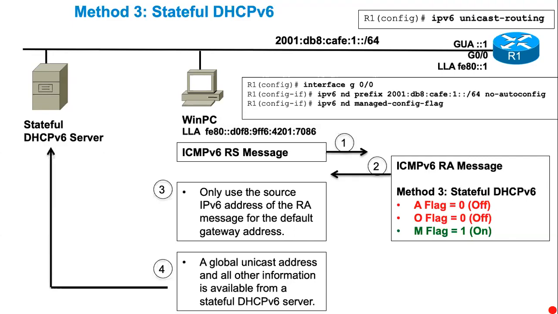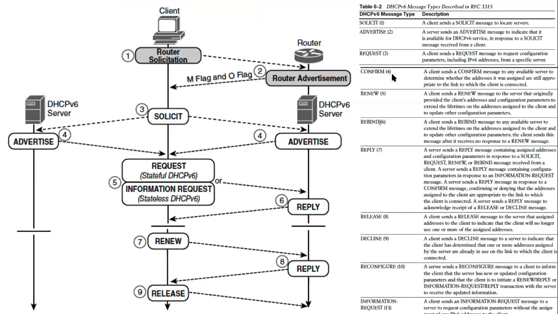Okay, so if you wanted to learn more about the actual messages that are sent and received between the client and the DHCP server, the router advertisement, and even the DHCP server, they're very similar to those in IPv4, but I go into detail in the book.